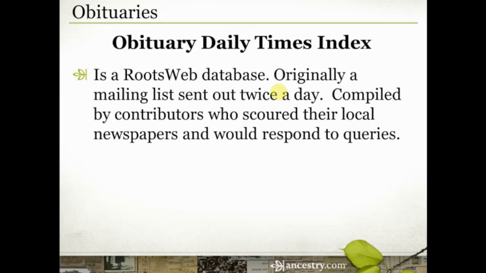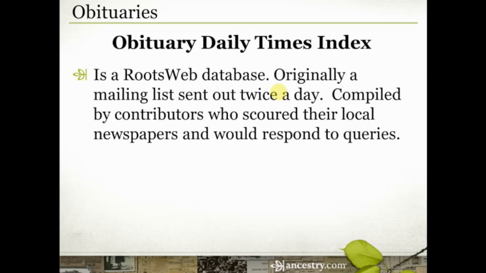So that database was created for the purpose of this real-time or 90-day time period access to obituaries from all over the world, anywhere volunteers had signed up to be responsible for specific newspapers or specific newspaper titles. So the Obituary Daily Times Index has obituaries from not just the United States, but Canada and England and Ireland.